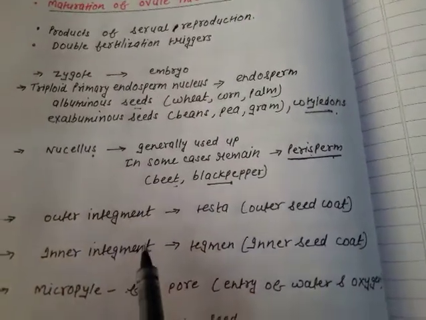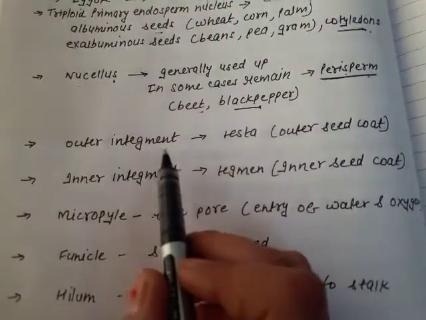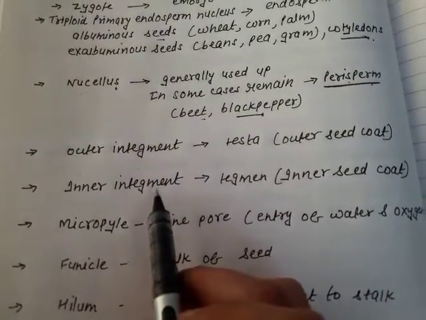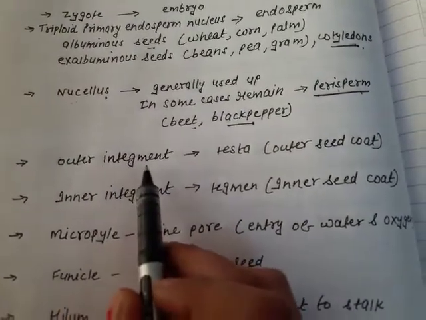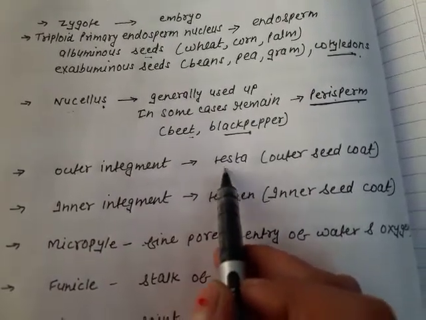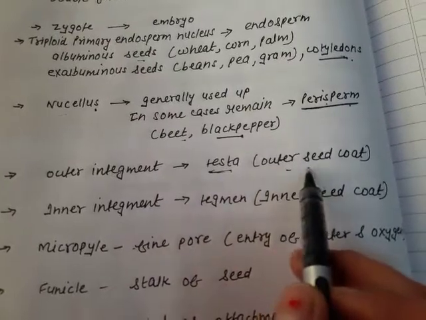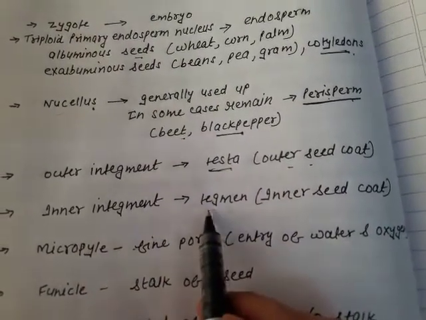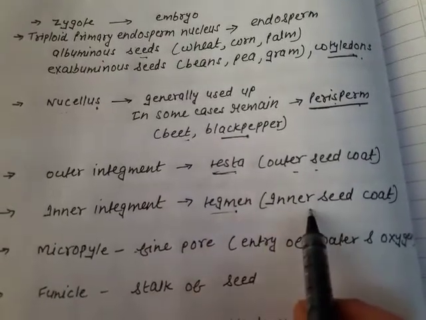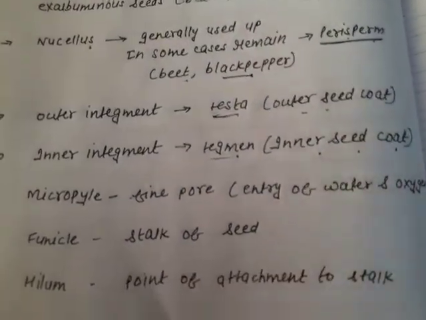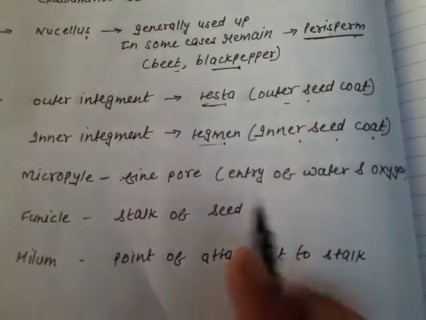Next are the integuments in the ovule, outer integument and the inner integument. Outer integument becomes hard and leathery testa, which is the outer seed coat, and inner integument will be the tegmen, that is the inner seed coat. Next is the micropyle.